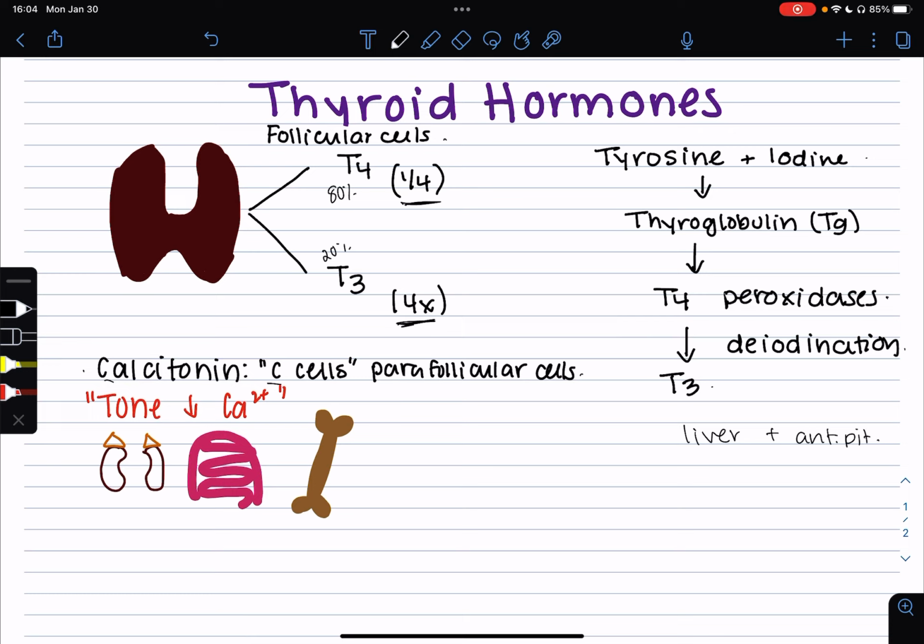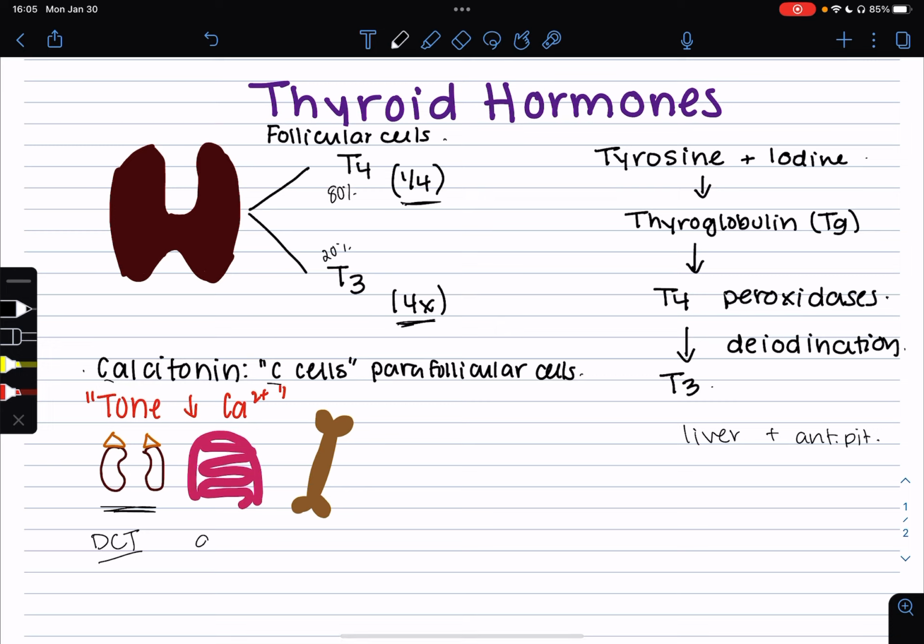Pop quiz. Where is calcium reabsorbed in the kidneys? If you said distal convoluted tubule, you are correct. So it's going to cause excretion of calcium. All right, another pop quiz. In the gut, where is calcium reabsorbed or excreted?